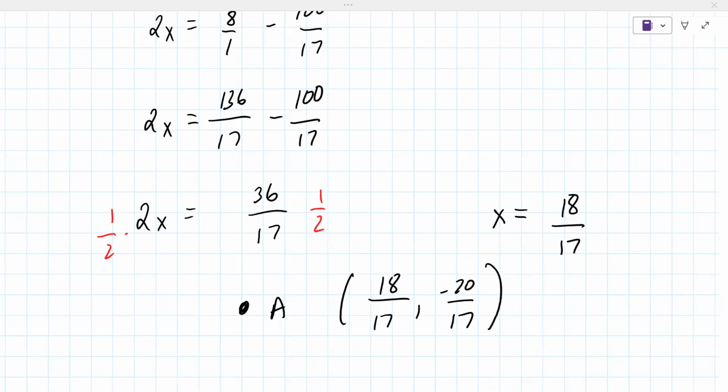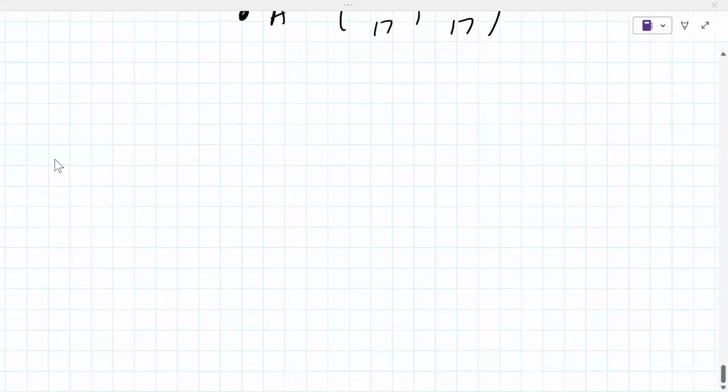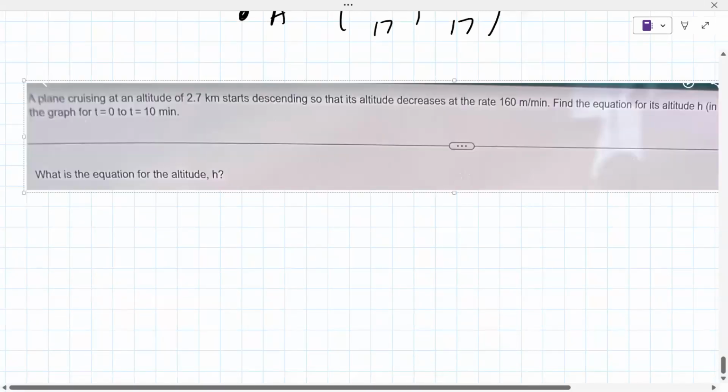So there's a lot going on here. Let me snip it in. On the graphs, if you've ever been in a plane, you know what it means to descend. That means you're going down. So it's either graph B or D.